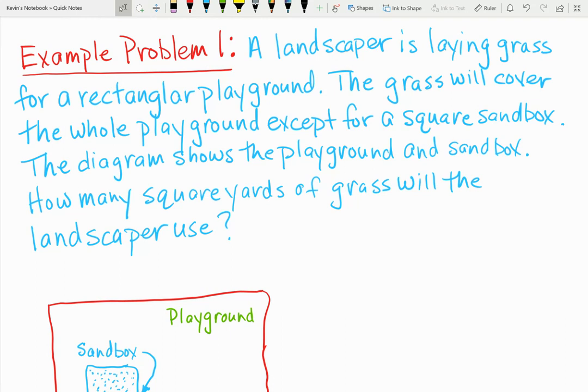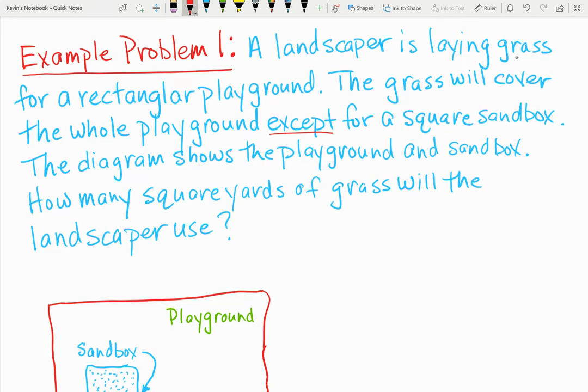A landscaper is laying grass for a rectangular playground. The grass will cover the whole playground except for a square sandbox. The diagram shows the playground and the sandbox. How many square yards of grass will the landscaper use?